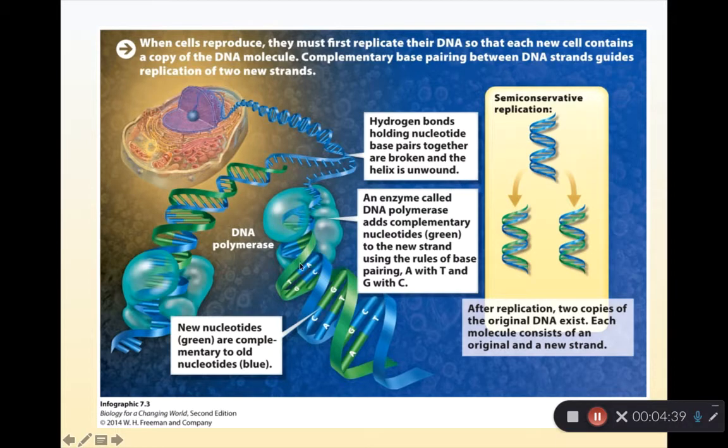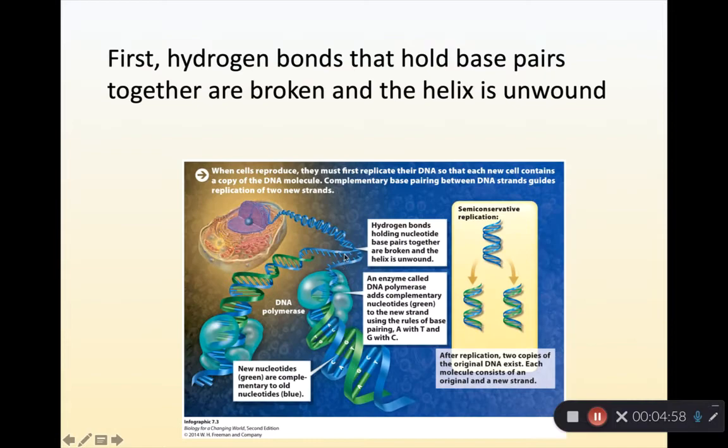In this case, we're seeing green. Previously, for example, we had an AC pair. The DNA polymerase adds the corresponding TG pair. That's how we get this now complete strand of DNA that includes blue, the old strand, and this new strand of DNA.